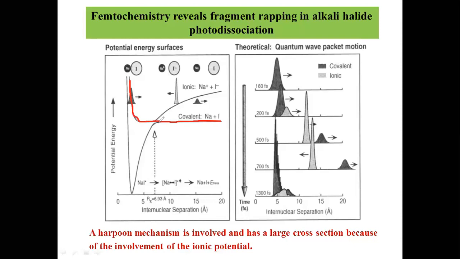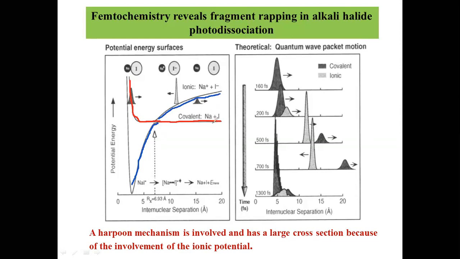Then it gets ionized, and because of the Coulombic interaction at this point, the ionic character sets in, and it follows this kind of curve, right? Of course, if it is coming from infinite separation, that curve will merge with sodium plus and iodine minus.